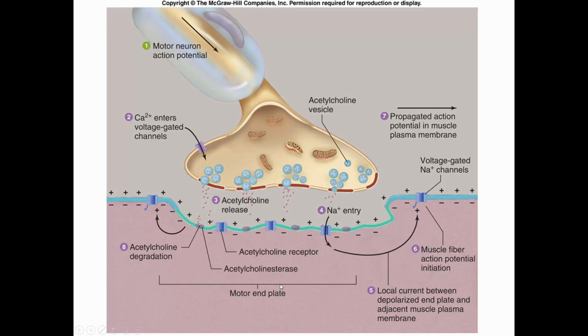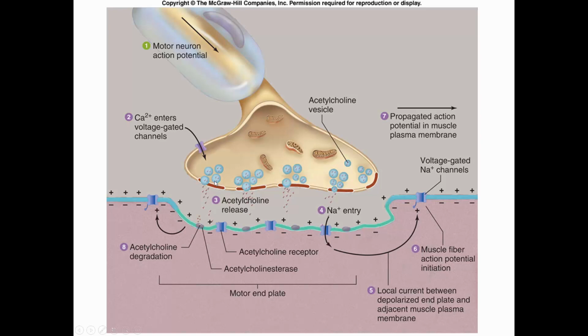So here's another beautiful picture with all that detail. Once again, we have an action potential going down this myelinated axon. In the axon terminus, we have a voltage-gated calcium channel. Calcium comes in, that allows synaptotagmin to facilitate the fusion and release of acetylcholine.